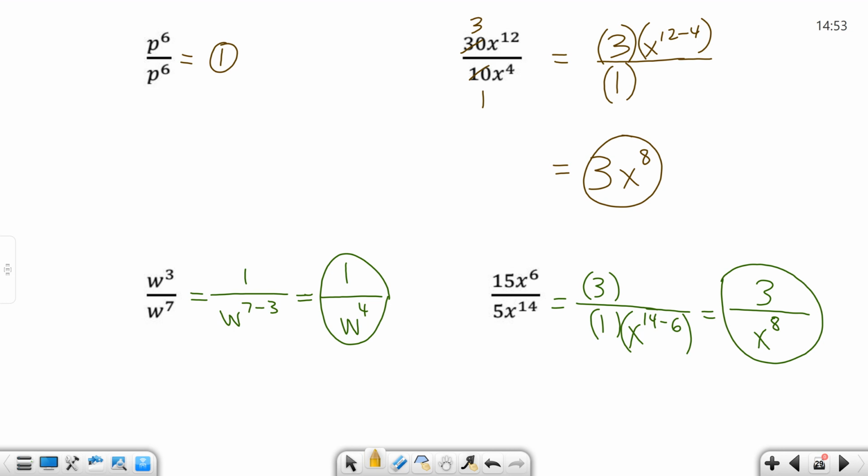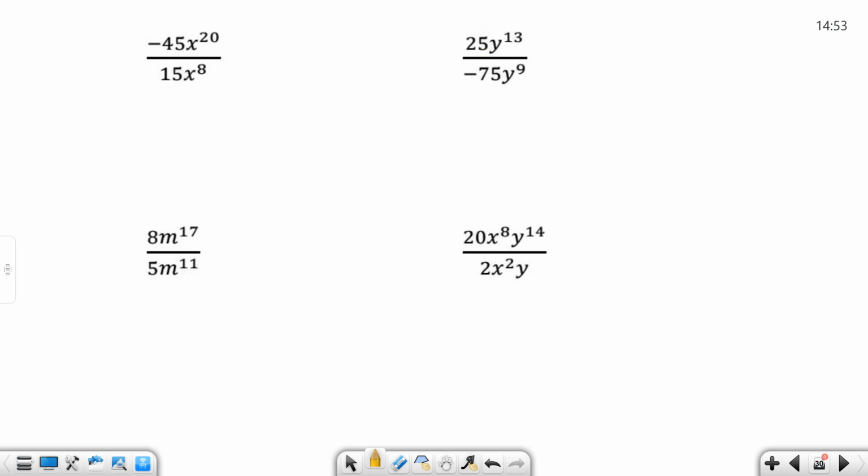So let's look at some more of these. So again, we have this one right here, negative 45x to the 20th, 15x to the 8th over that, right? One term over one term. And when we have one term over one term, we can take the factors that have something in common possibly.